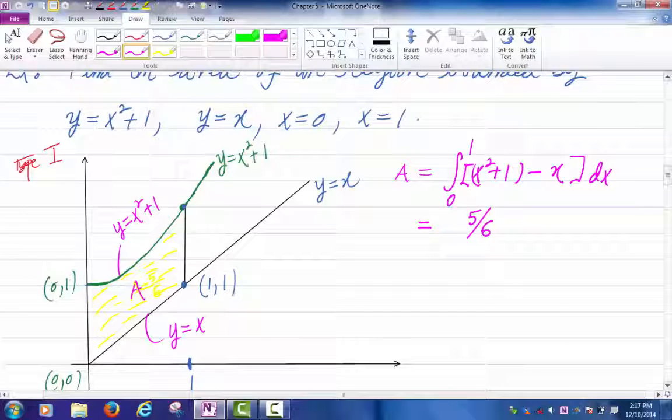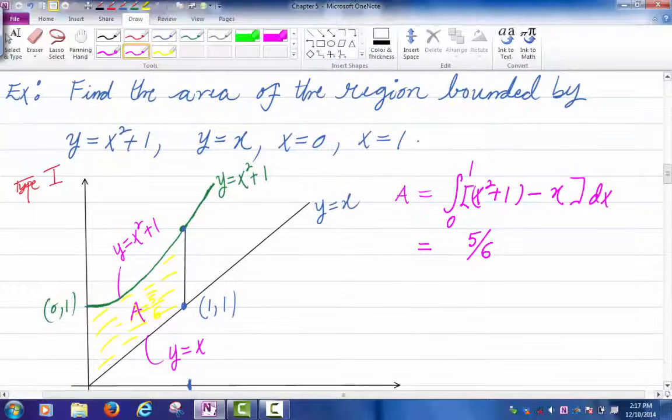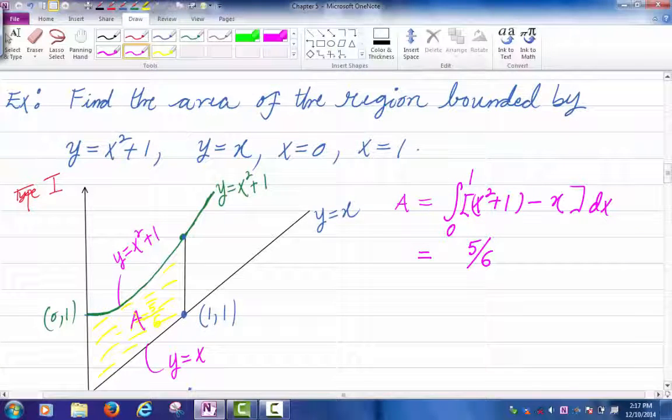I'm confident that you can go over the integral and come up with the answer. But I also didn't do this intentionally because in your exam, I am going to ask you to set up the integral to find the area. So I'm going to say, set up an integral to find the area of the region bounded by blah, blah, blah. And so what it means is that your answer is right here.